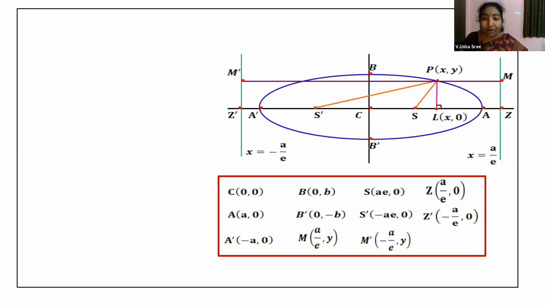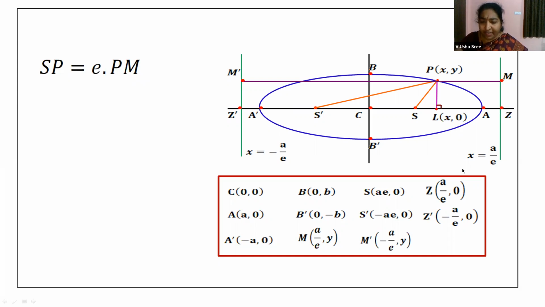All right. Now, having taken this, we will come to the basic definition of the eccentricity. That is, SP is equal to e into PM. Now, what is PM? Where is this PM? We will try to observe. Now, P to M, just observe this. PM is equal to LZ. Now, do you know what is LZ?